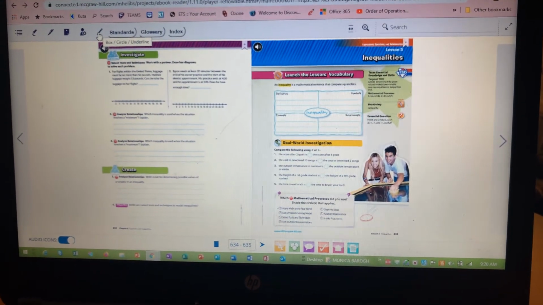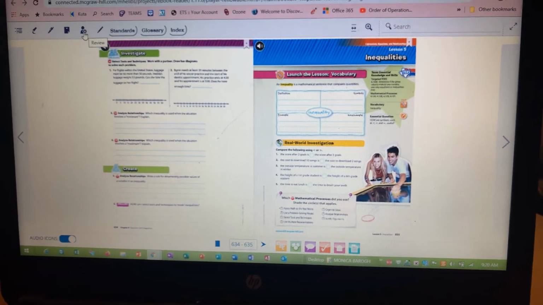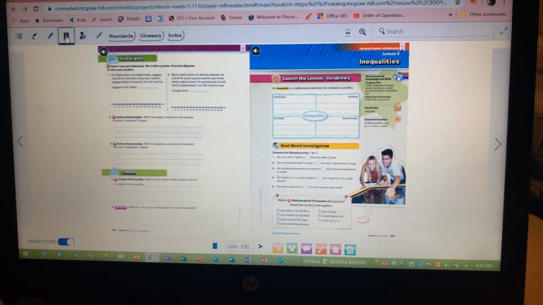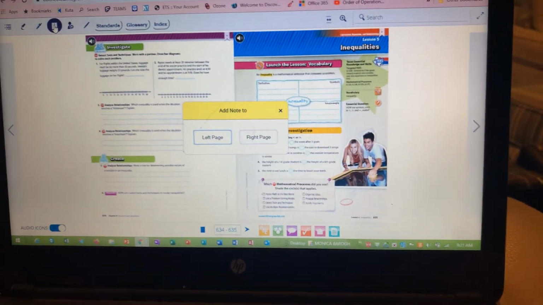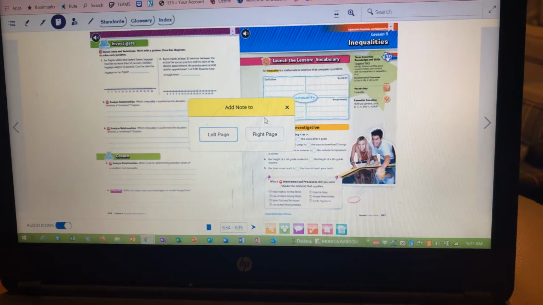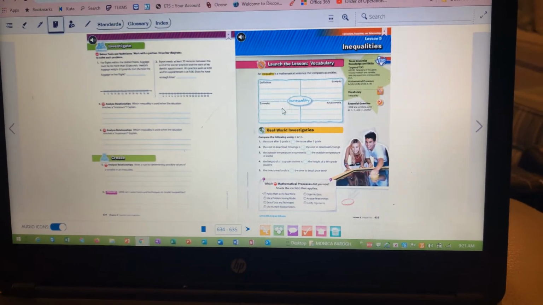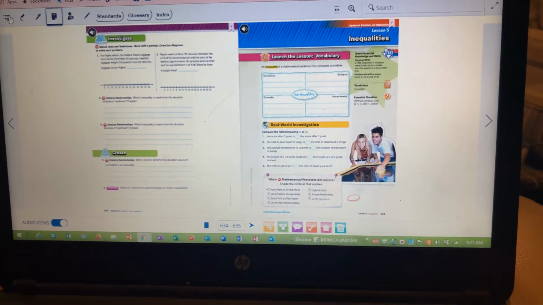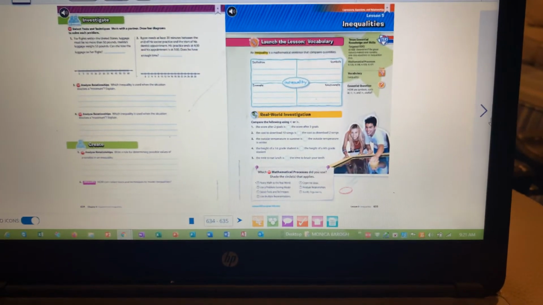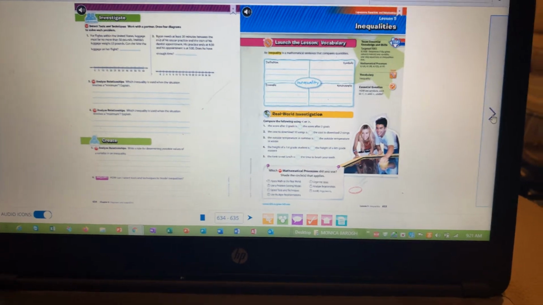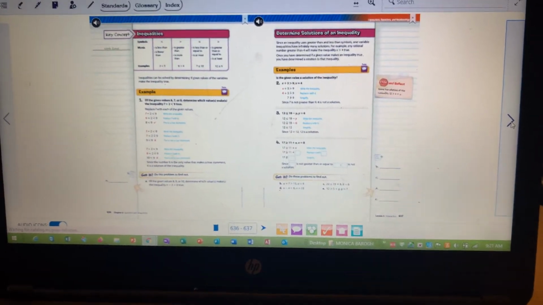You can box, circle, underline. You can even take notes. You can add notes to the left side or the right side of the page. That would be a good place to put questions that you have. And then you can use these arrows to toggle to the next pages. You see?